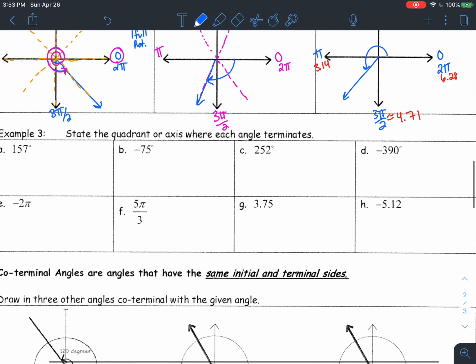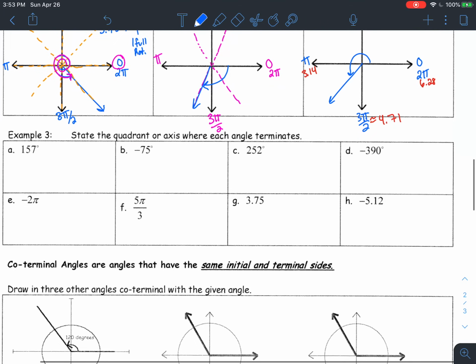Continuing along. I'm not super concerned with this next section, and I don't want to spend a lot of time on it because it's going to be a long video anyway. It's stating the quadrant or axes where the angles terminate. If you can do it in your head, awesome. If you need to sketch it out, that's fine too.